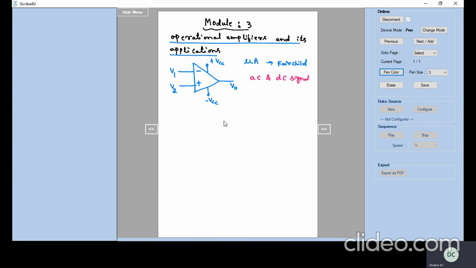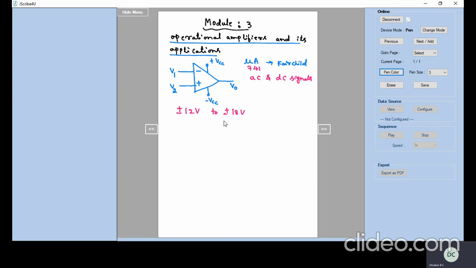The most commonly used operational amplifier is μA741, where μA indicates the company name Fairchild, and the saturation voltage for an operational amplifier ranges between plus or minus 12 volts to plus or minus 18 volts.